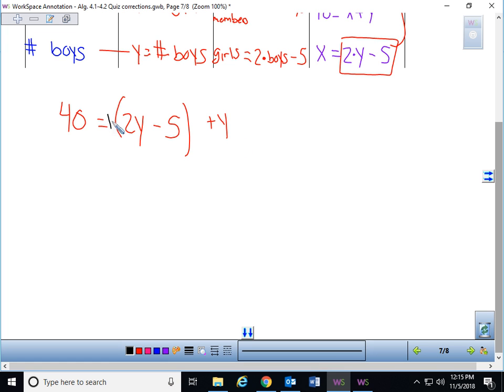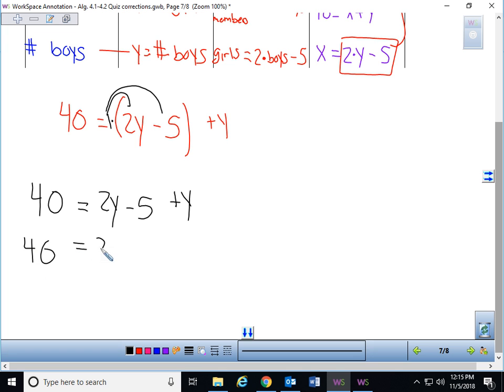Remember, there's a secret 1 right here that technically is being distributed. That's what allows me to drop my parentheses to give me 40 equals 2y minus 5 plus y. And I'm just going to combine like terms. So I have 40 equals 3y minus 5.